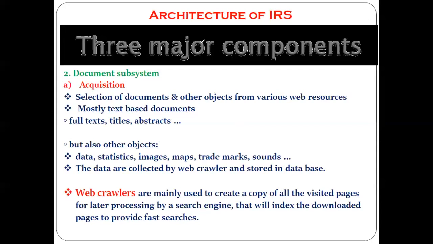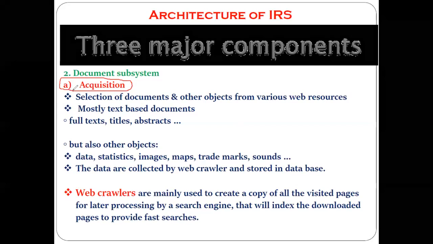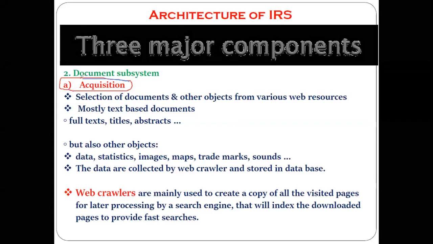So the first component in the document subsystem is what? Acquisition. What do you mean by acquisition? The system does the acquisition.